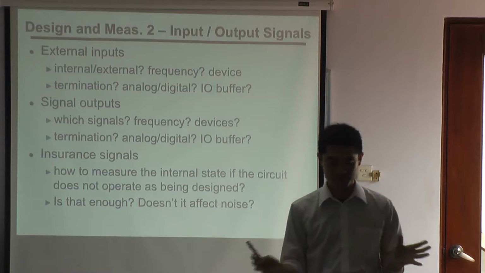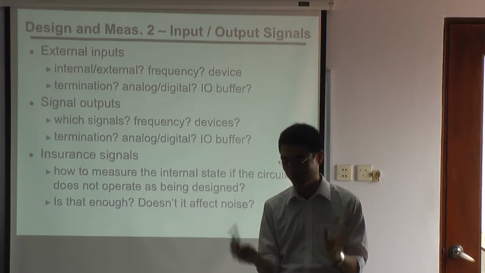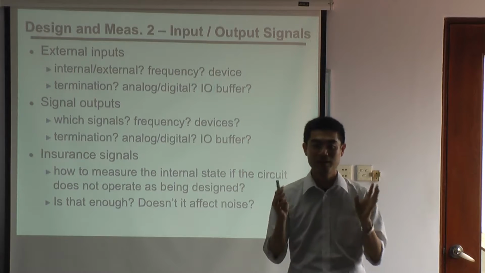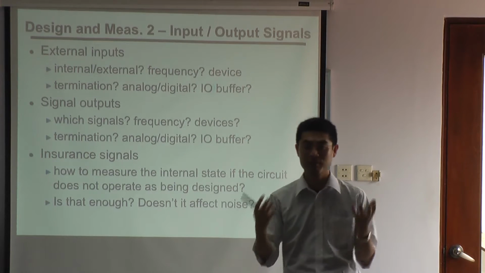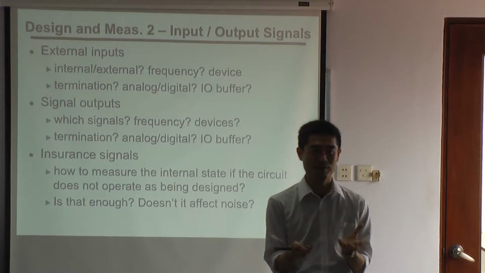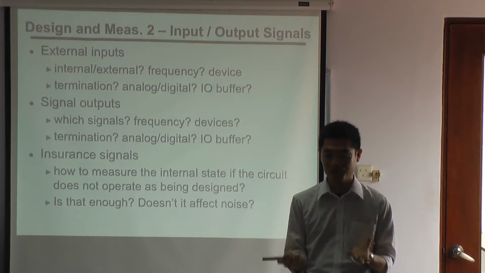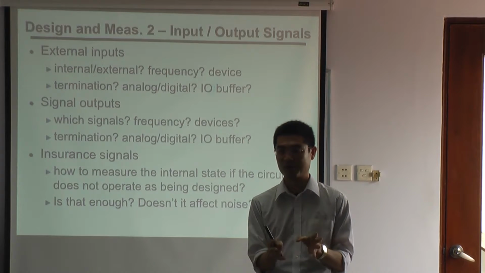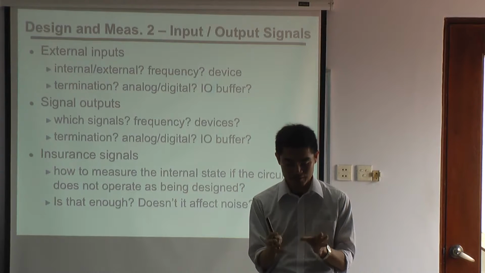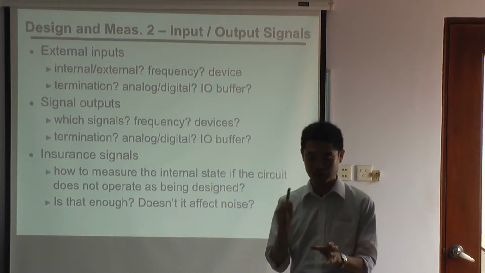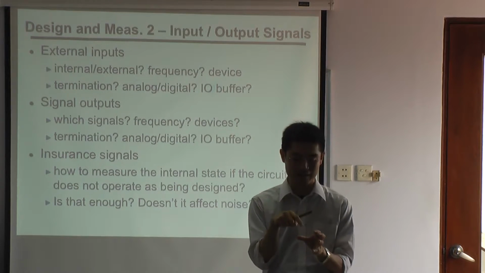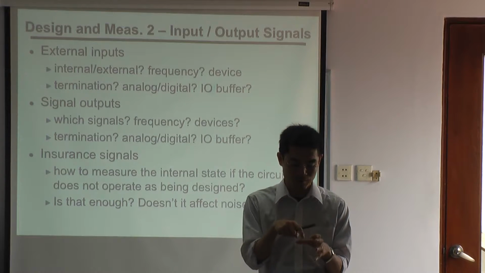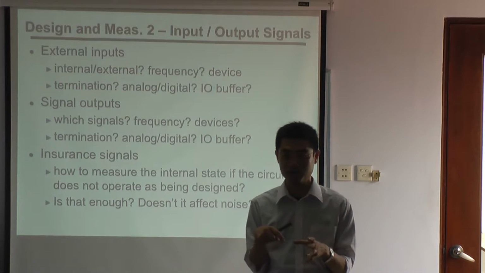And if the chip operates as we designed, the input pin and output pin are enough to measure the performance. But sometimes the chip does not work. In such a case, we want to investigate the chip performance of this block and this block and this block.